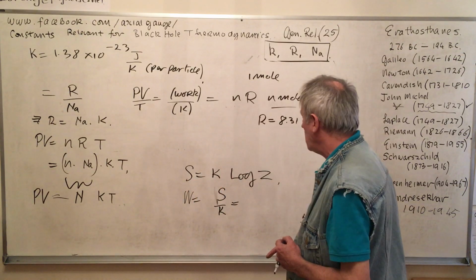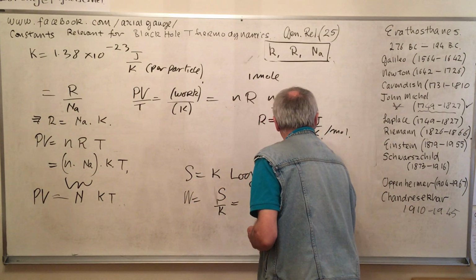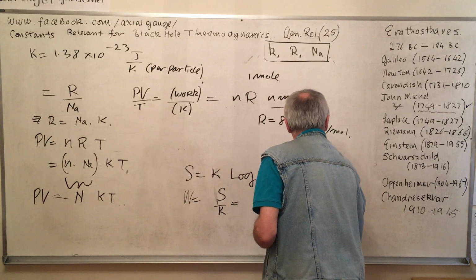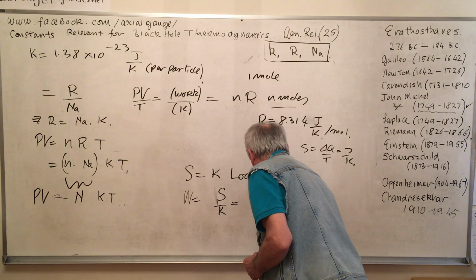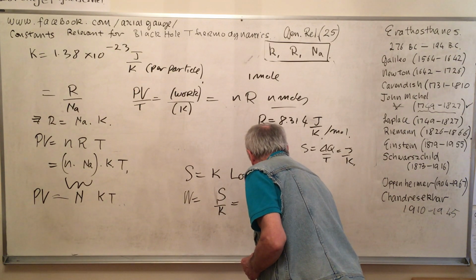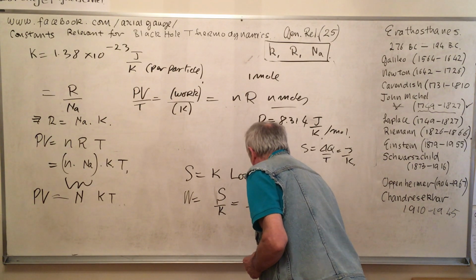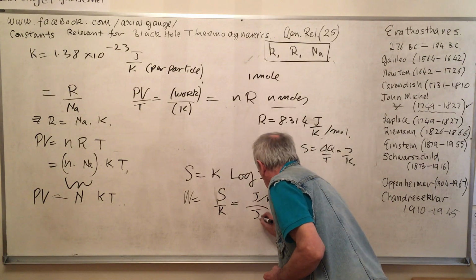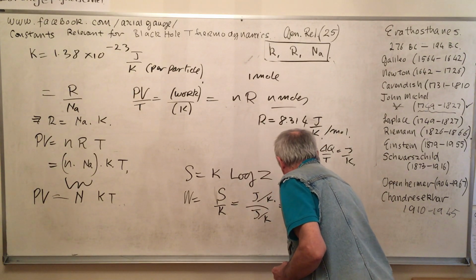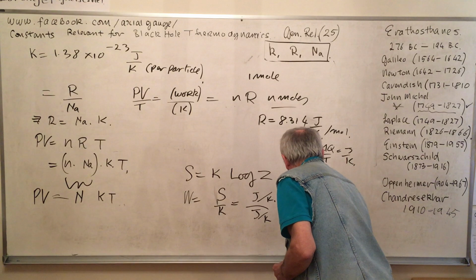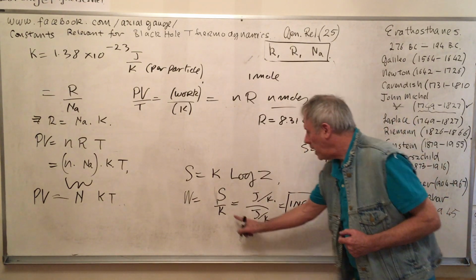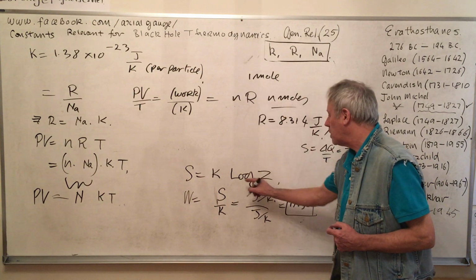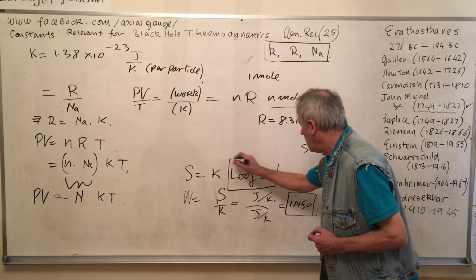And W is dimensionless because entropy is joules per Kelvin. And the units of K is joules per Kelvin. So really all this is doing is it's making this quantity dimensionless if I want to talk about pure information. And I'll talk about that later.